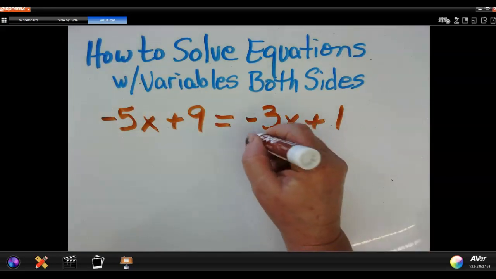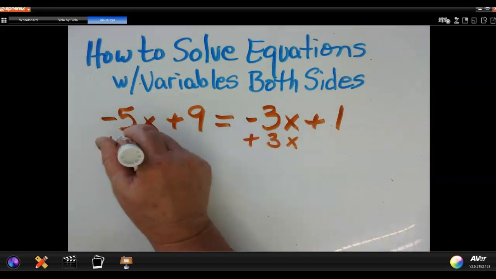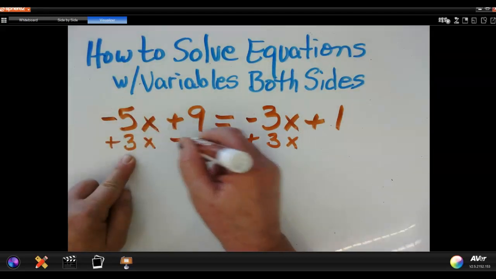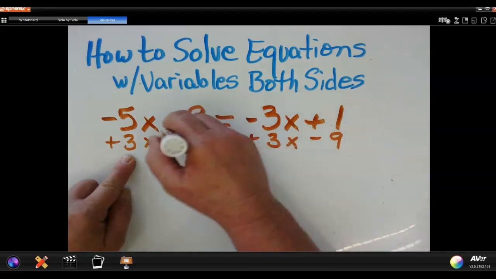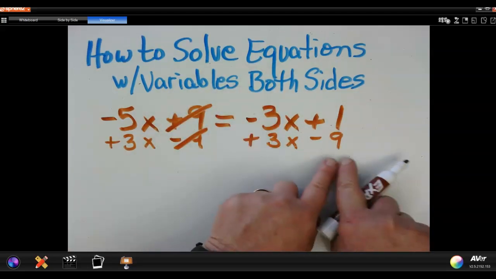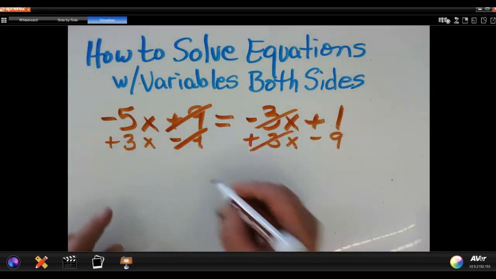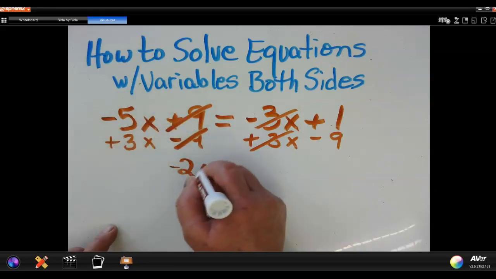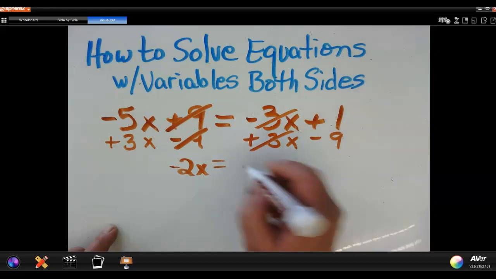I'm going to add 3x to both sides. So that means that I want my variables on the left side, and I'm also going to subtract 9 from both sides so that my constants are on the right side. So what that gives me is a negative 2x equals 1 minus 9 is negative 8.